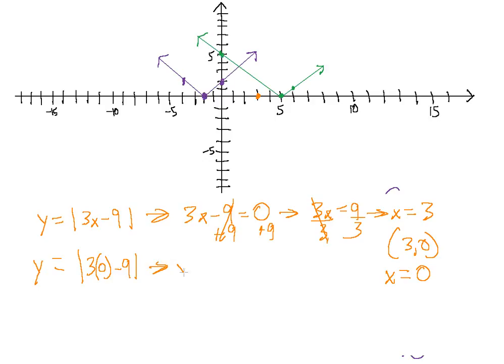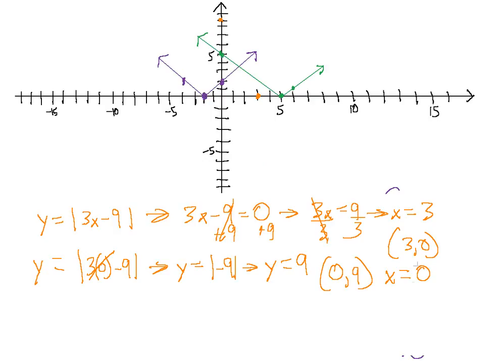We have y equals 3 times 0 is 0, so we have the absolute value of minus 9, and the absolute value bars just turn that into a positive 9. So we have the point 0, 9. That's another point, and that occurs 6, 7, 8, 9 right here.